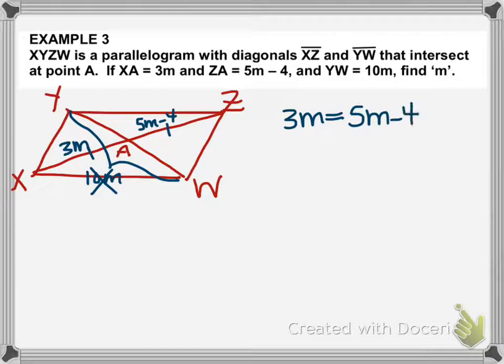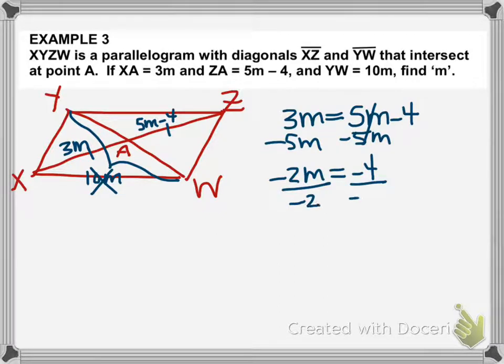Make sure you're not tricked. I'm going to first get all my m's on one side, so I'm going to subtract 5m from both sides. So I've got negative 2m on the left equals negative 4 on the right. Now I'll divide both sides by negative 2, and m will equal positive 2. Now I could go a step further, of course, and plug it into all of those segments to see how long all of those diagonals are.